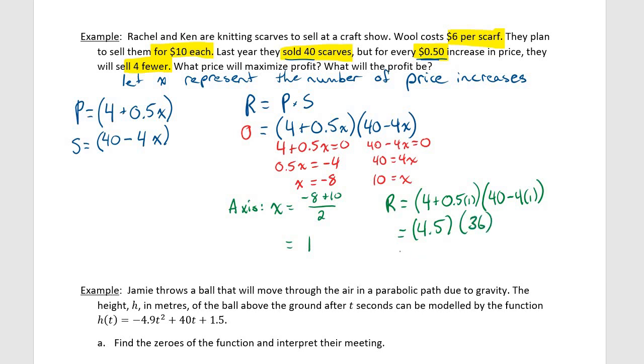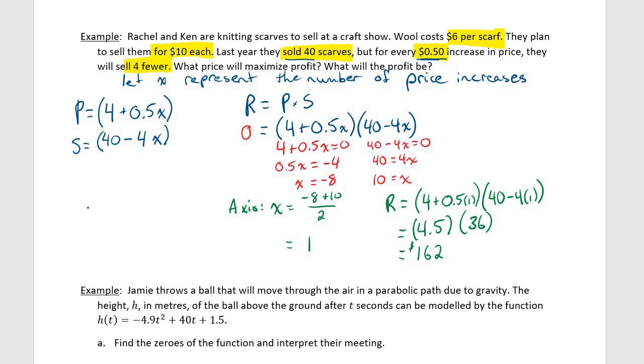You run that through your calculator and you will get $162 for maximum revenue. And the only thing we haven't looked at here is at what price will this happen.